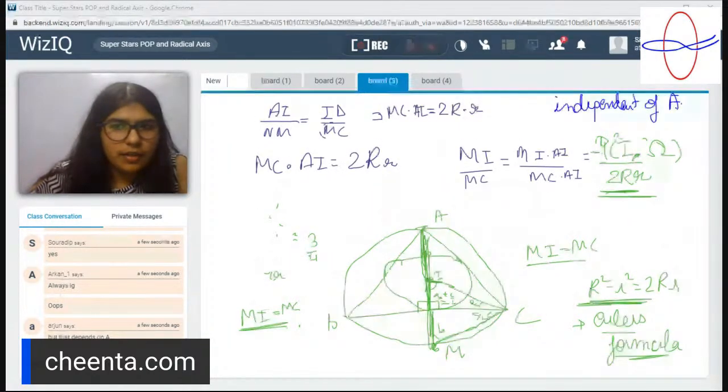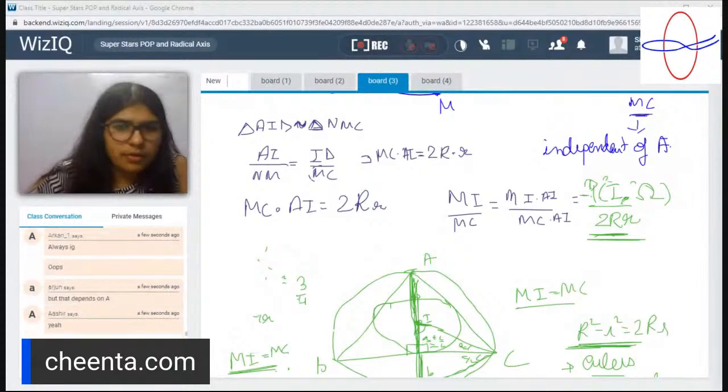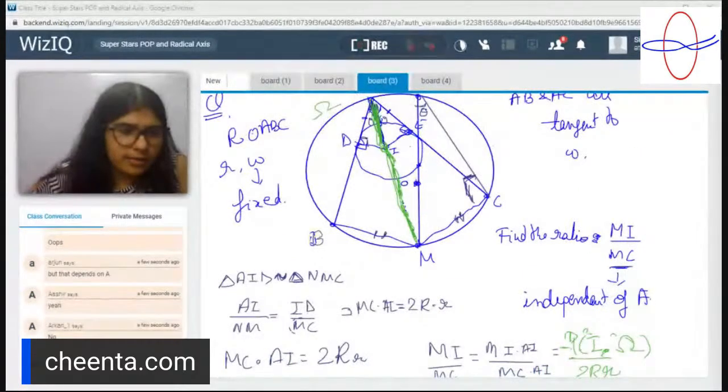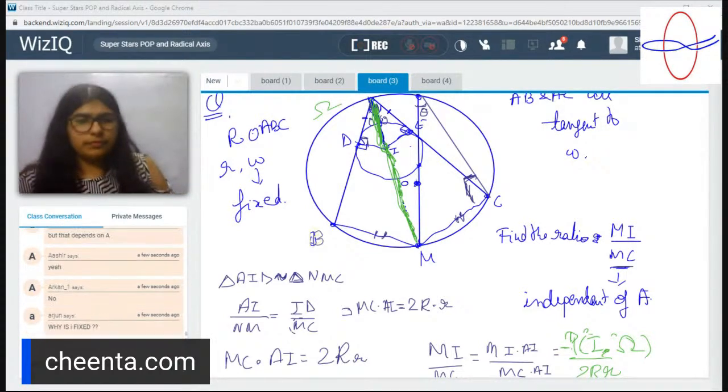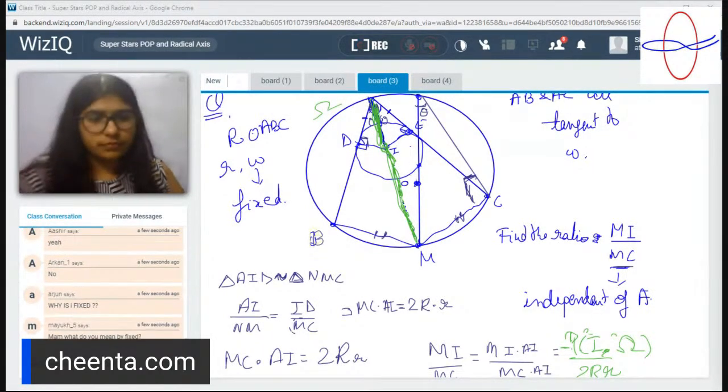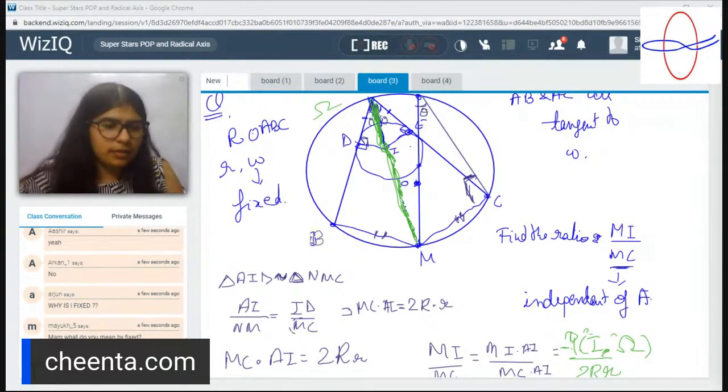I is fixed because omega is fixed. That's given in the problem statement, omega is given to us, so I is given to us as the center of omega.